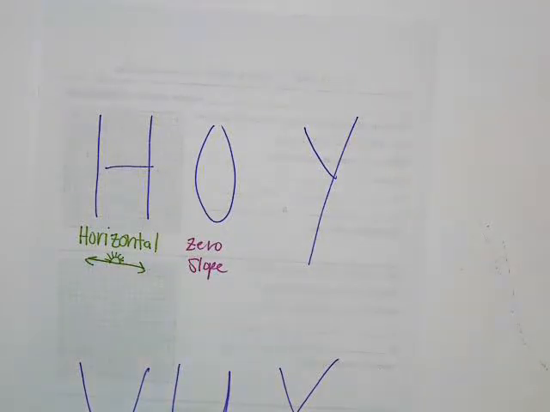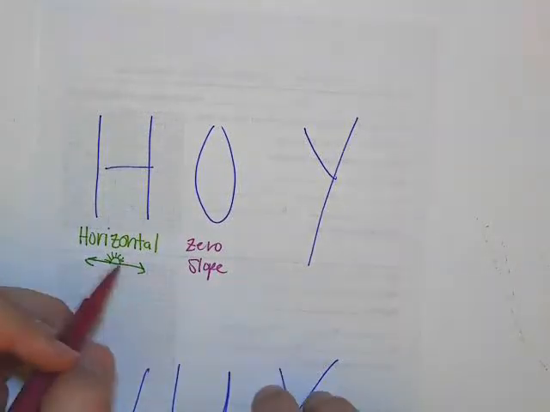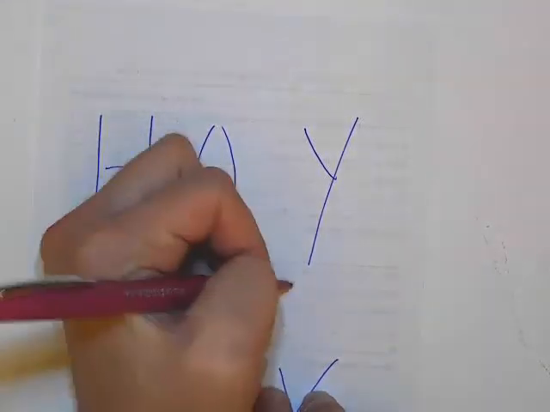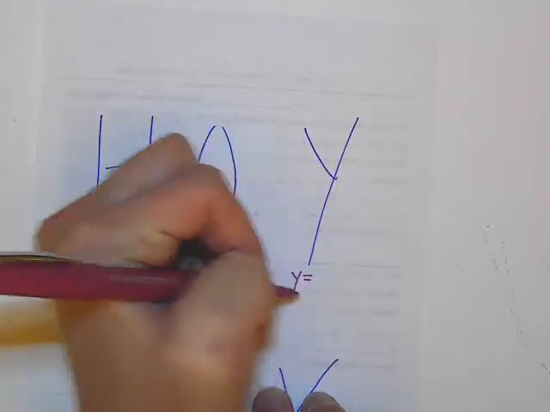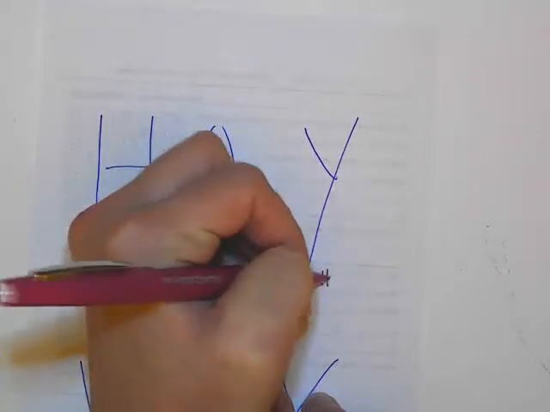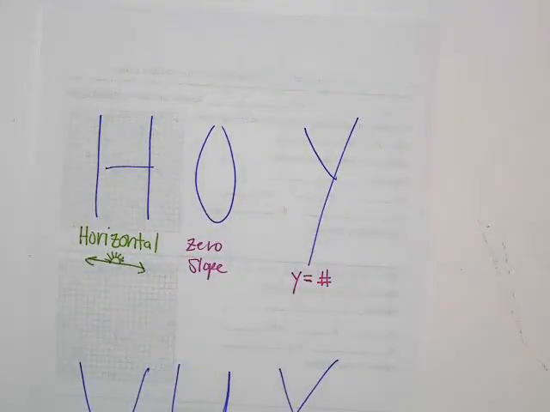So my equation for HOY, for a horizontal line, would start out as y equals a number. Whatever number it is, wherever the line is on the graph, your equation is always just y equals a number. It's not y equals mx plus b. There's not going to be an x there. It's y equals one number.